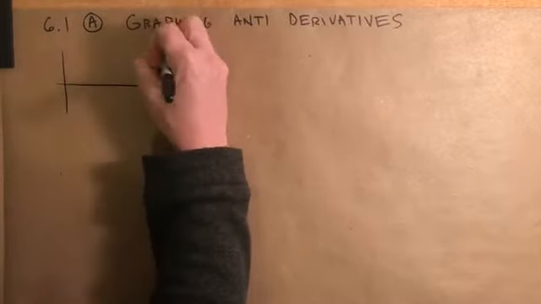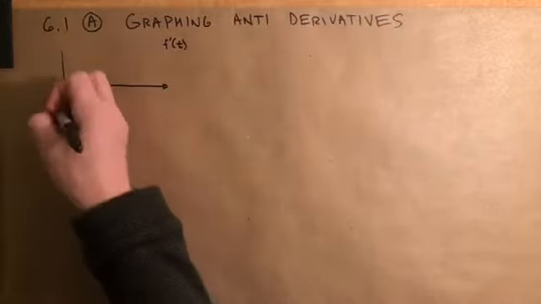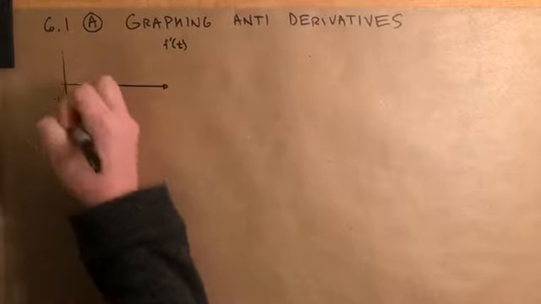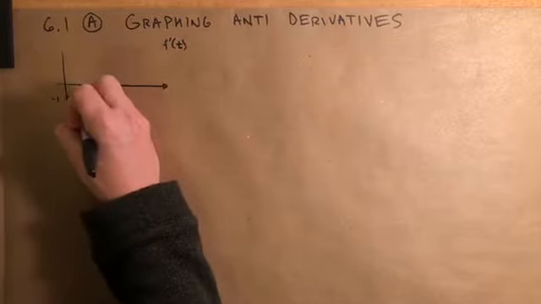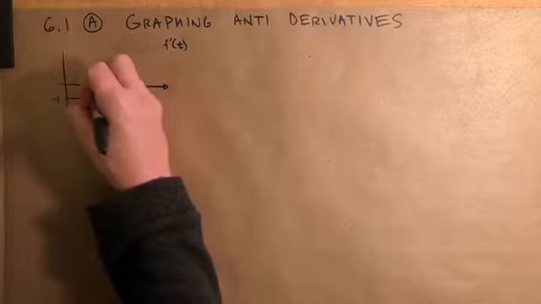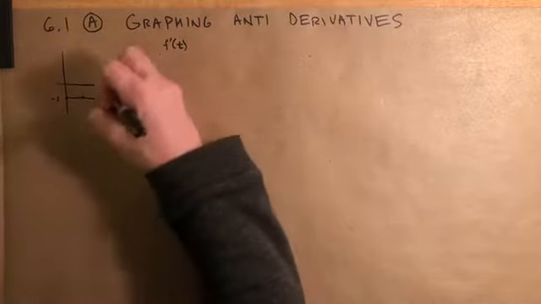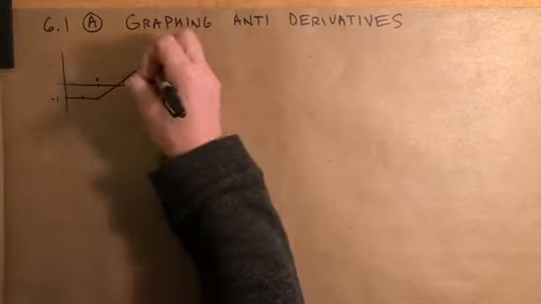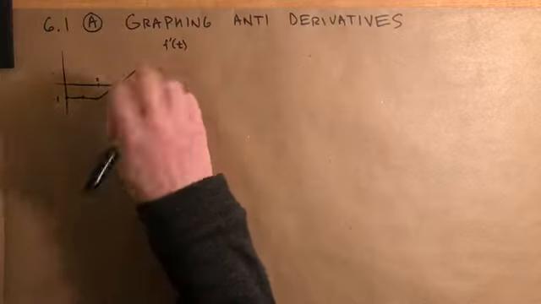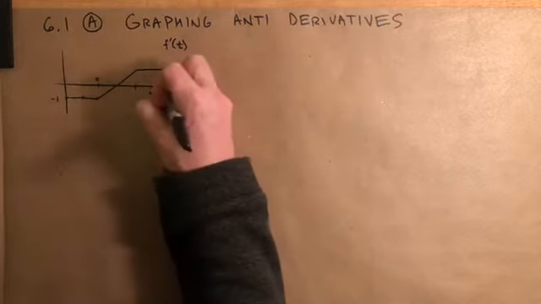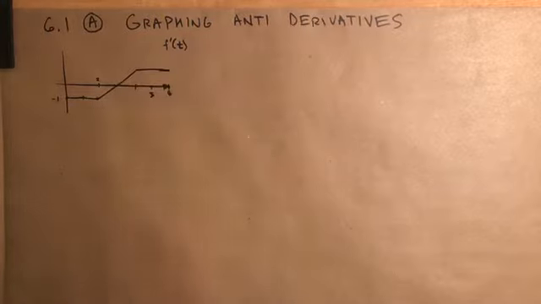I'll call this f prime of t because it is a derivative, and let's say that it starts out at -1 and goes for a couple units from 0 to 2 at -1. And then let's suppose that we start increasing and then continue like that. So that would be 3 and then 4 and then 5. And let's stop this thing at 6.